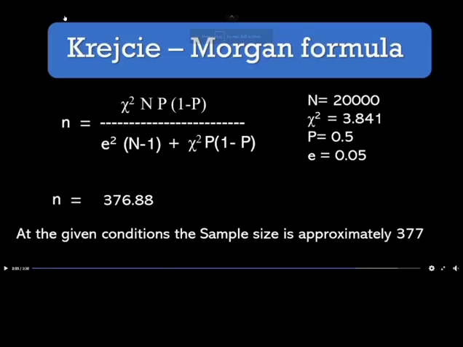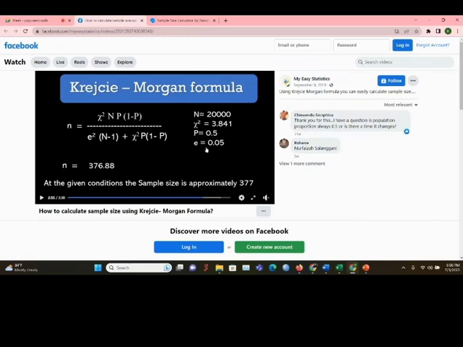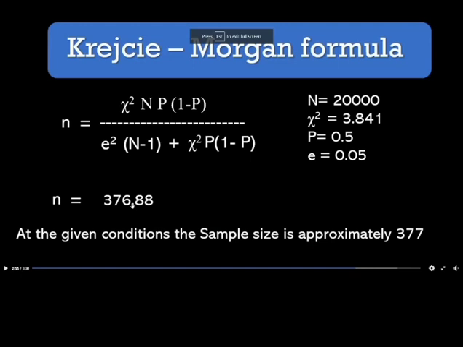So round off to the whole number. Why do you think we round off to the whole number? Where can you find a person that's 0.88 of a person? Or 0.5?